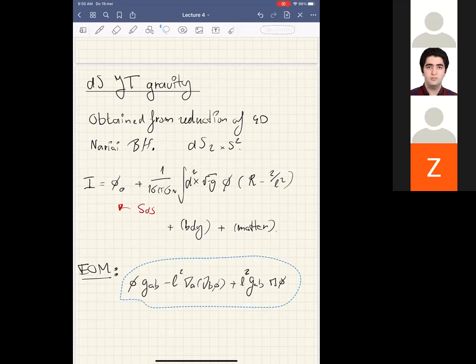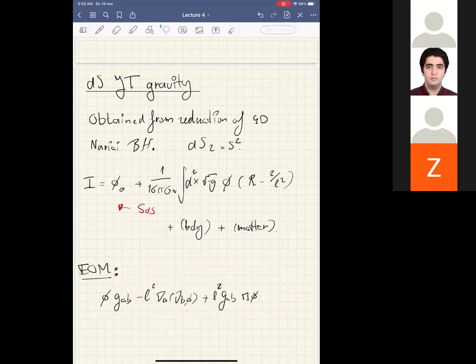This is the left-hand side, and the right-hand side is proportional to possible matter couplings, so it contains the stress tensor. And the equation of motion for the dilaton just sets the Ricci scalar to be a constant, so that imposes that you're working in de Sitter space.